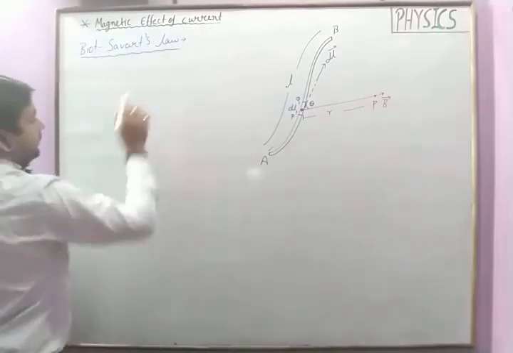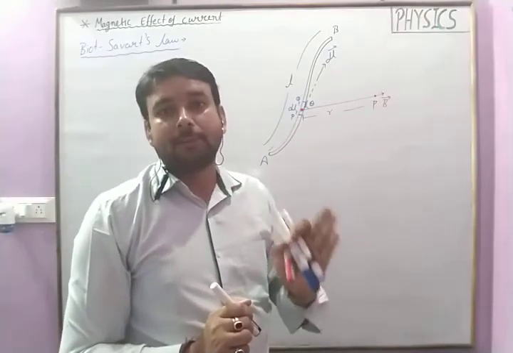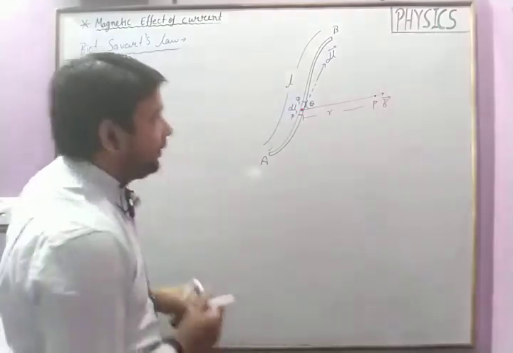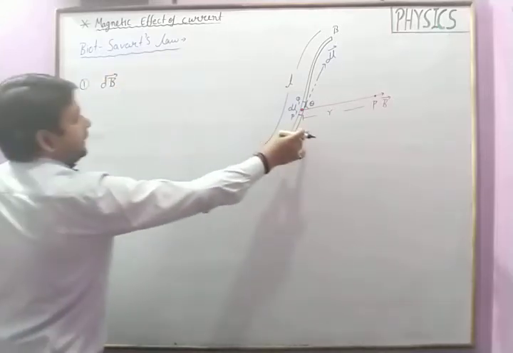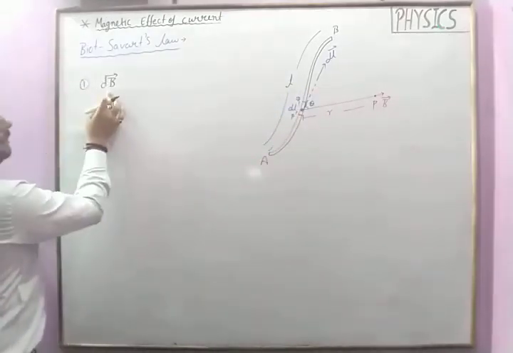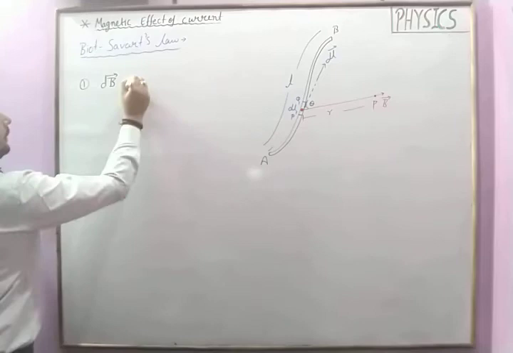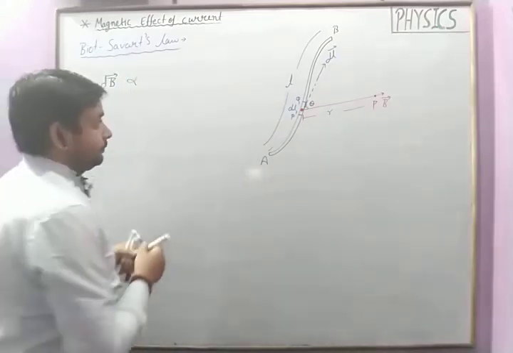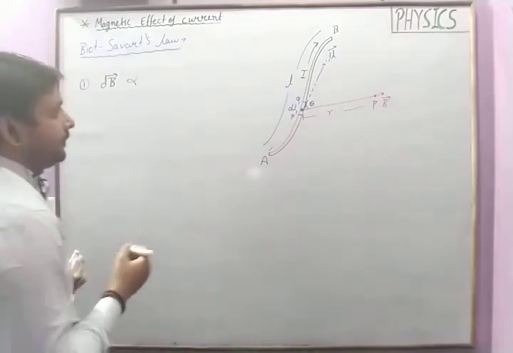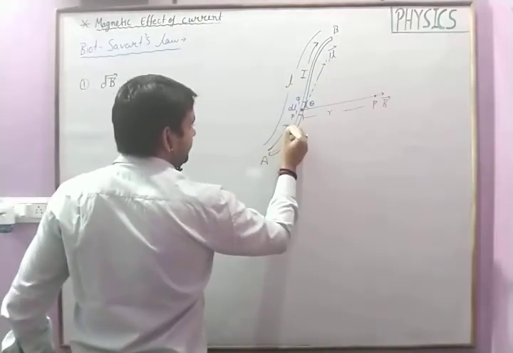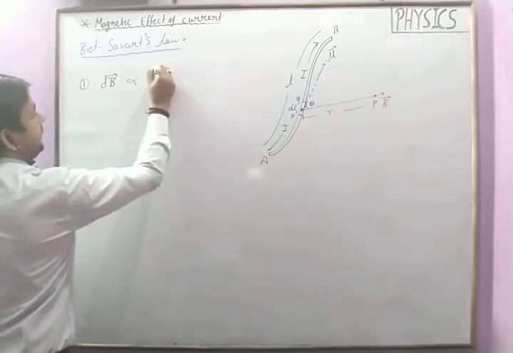Okay, Biot and Savart both did an experiment for the magnetic field, and they found that the magnetic field due to a current element is given by, first rule: the magnetic field due to a small current element, because it is for a small current element, so the field produced by this current element PQ is also small, that is dB is directly proportional to the current in the wire I. Okay, that current is moving from A to B, is directly proportional to the current I.